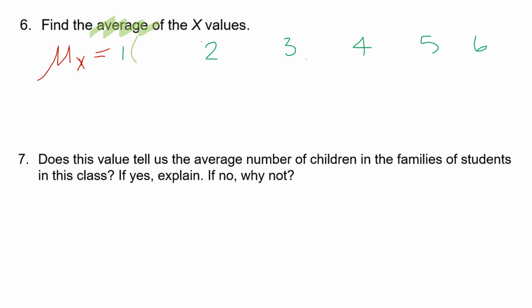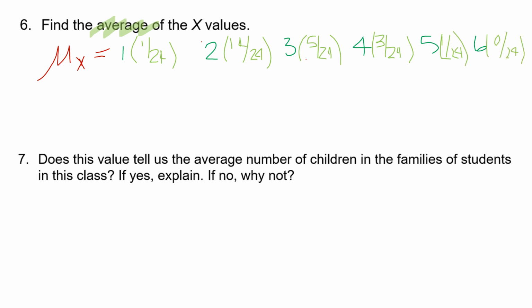So 1 out of 24, 14 out of 24, 5 out of 24, 3 out of 24, 1 out of 24, and then 0 out of 24, which is just 0.